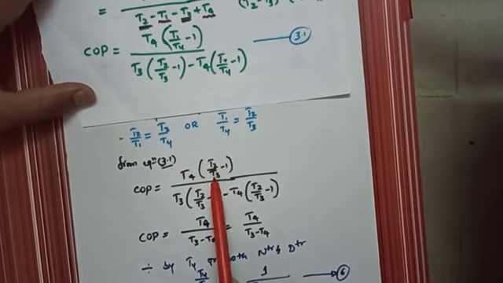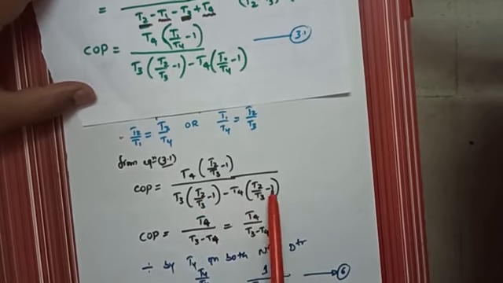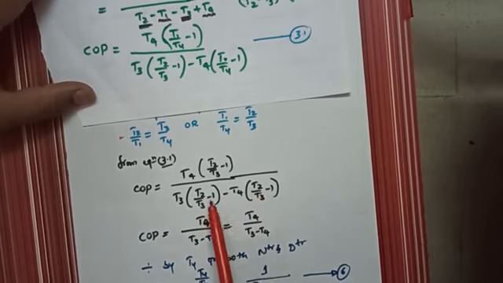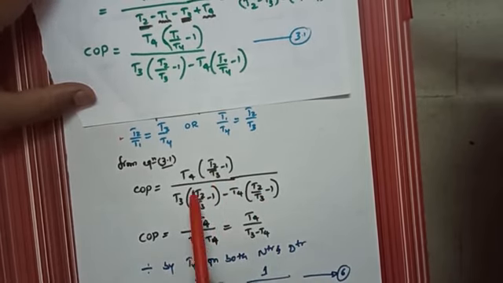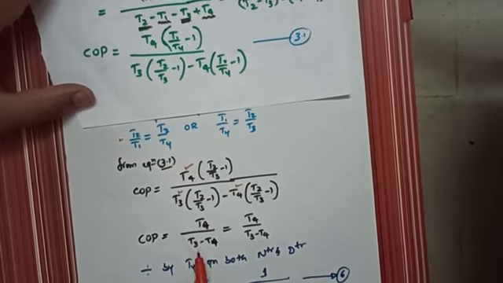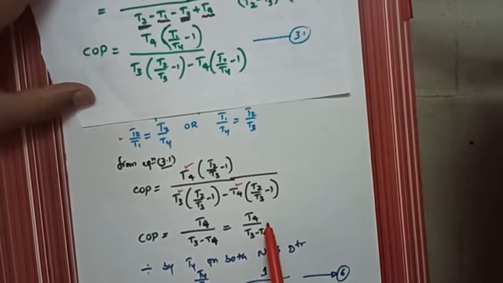Here T2 by T3 minus 1, here also T2 by T3 minus 1, here also T2 by T3 minus 1. You can take it common in the denominator, and the numerator and common term will get cancelled. So here it will be left with T4, T3 and T4. So T4 divided by T3 minus T4, that equation we have written here.